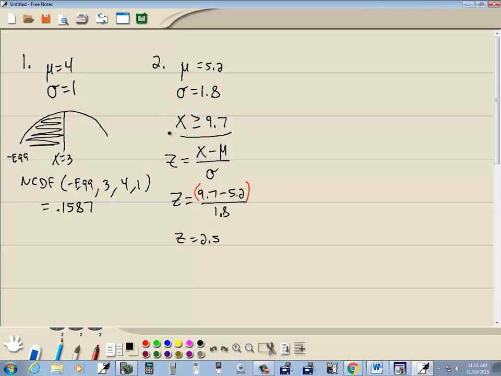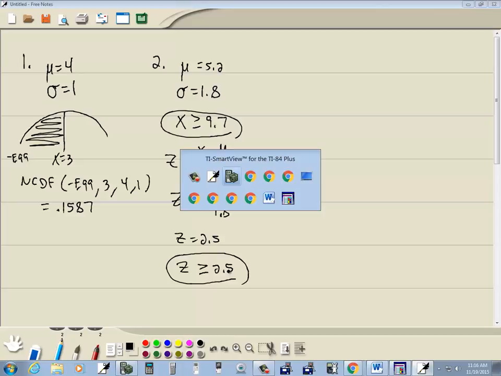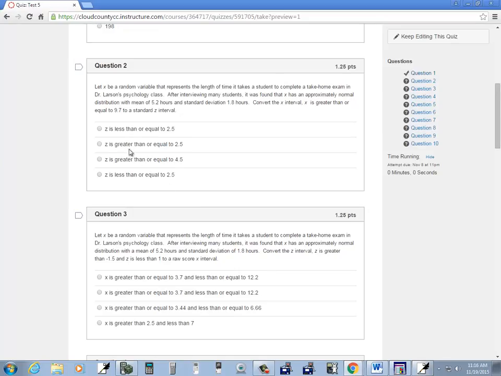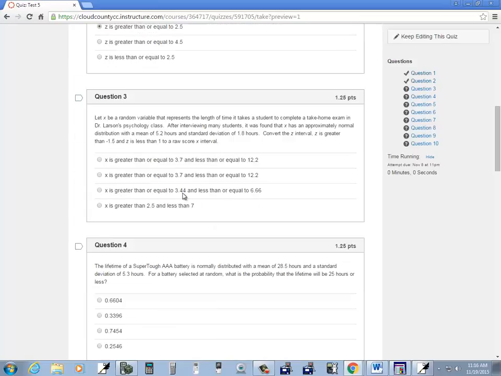Which means that x is greater than or equal to 9.7 becomes z is greater than or equal to 2.5. The inequality symbol remains as is, and we just plug in our new value. Okay, so z is greater than or equal to 2.5.